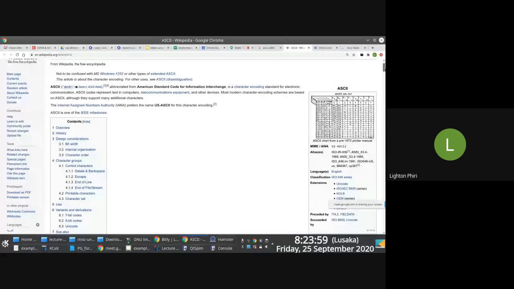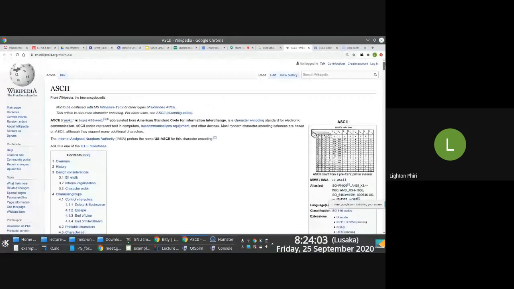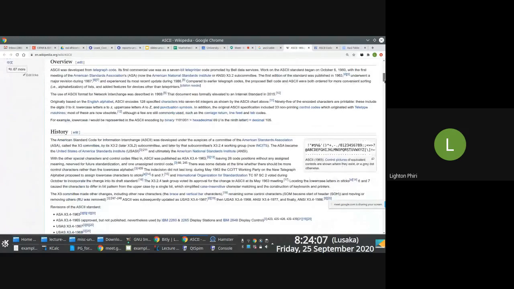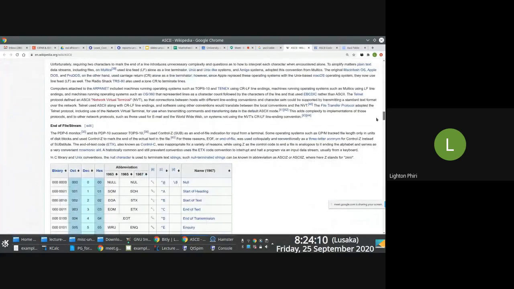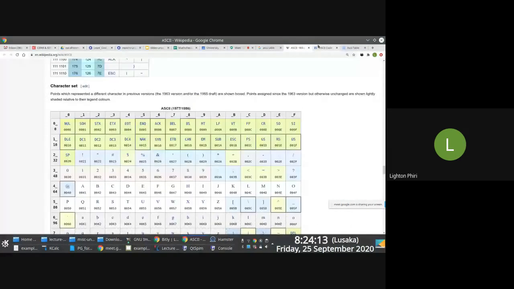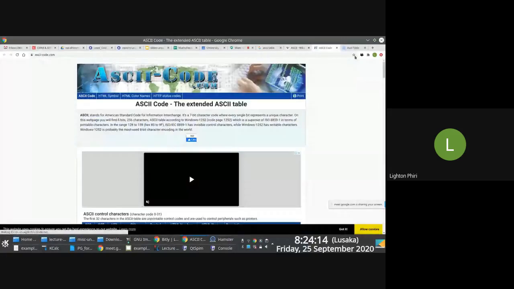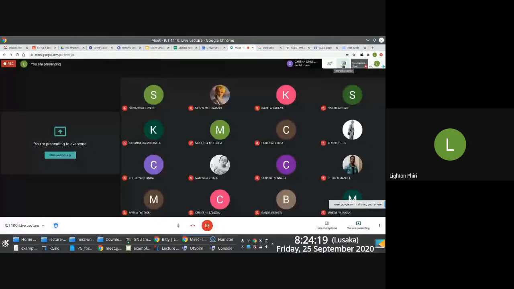We discuss the ASCII table, for instance, and other textual encodings like UTF, so that we get an understanding of how this is done. So if you're curious, I do encourage you to go to ASCIItable.com. This is good.